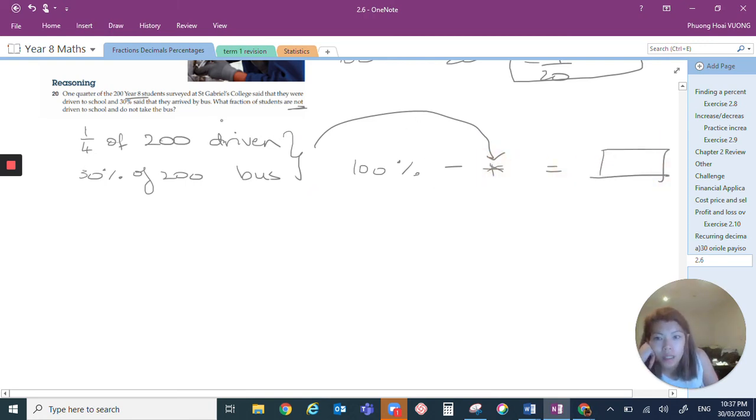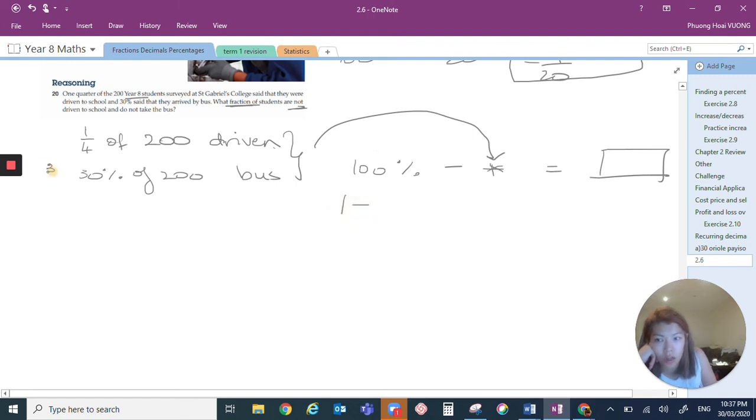Because we want people that are not driven or by bus, so everybody else, so the whole 200 people minus these guys gives us what we want. So what does the question ask for? Fractions. So we're going to work in fractions. So a quarter and 30%. So we can write 100% is 1 minus a quarter and 30%.